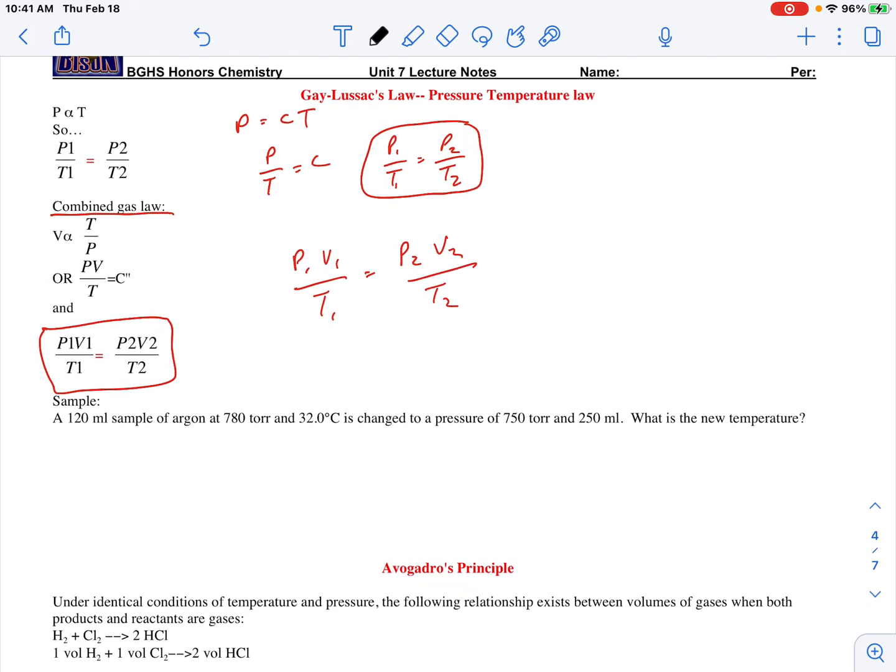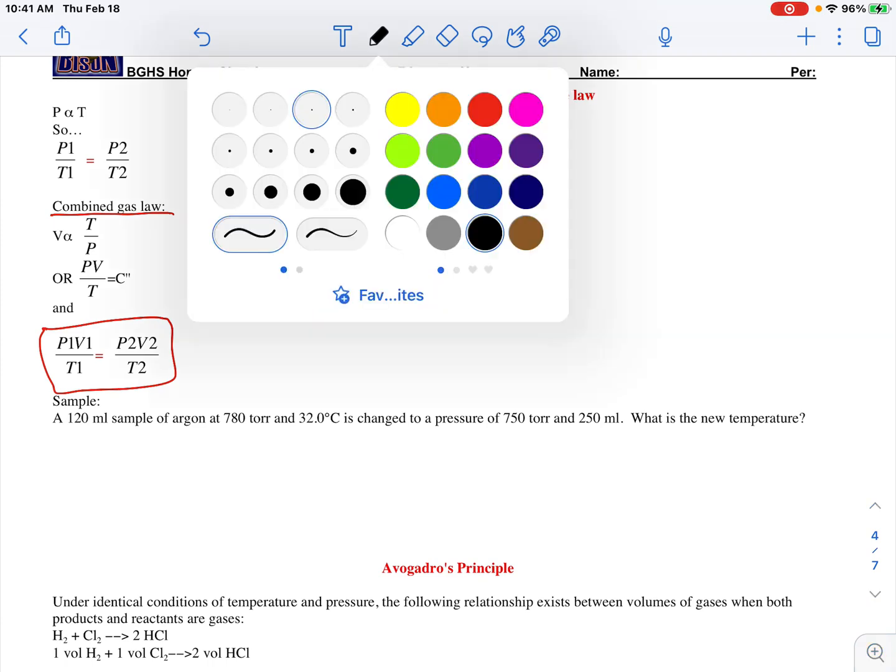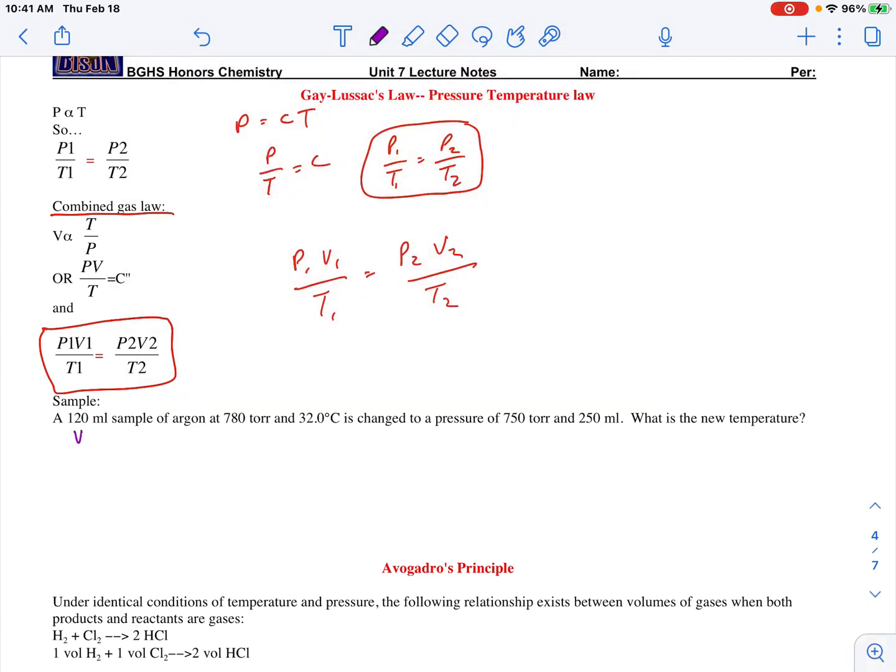Okay, so let's try this last example here. 120 milliliters. So I'm going to go out on a limb and call that a volume, that's V1, of argon at 780 torr, that's P1, that's our first pressure, and 32 degrees Celsius.